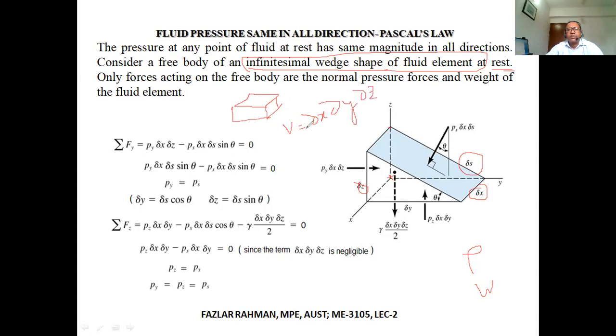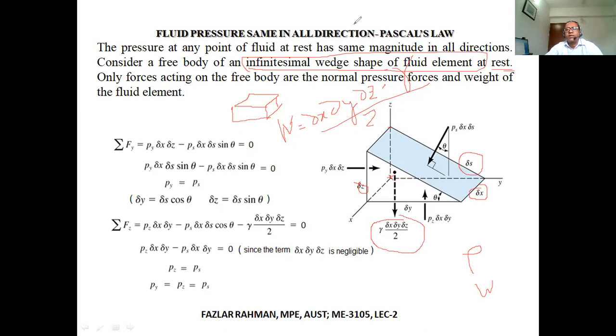Now, if you would like to get the weight, then you multiply by gamma. So weight is volume multiplied by gamma. But our full element is half of the brick, so you need to divide by 2. That is the weight of the fluid working downward.